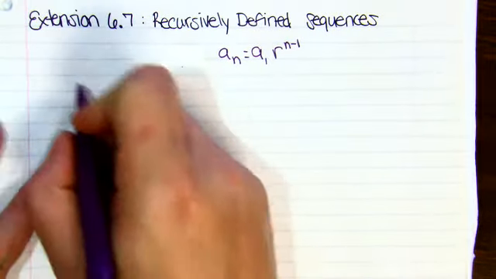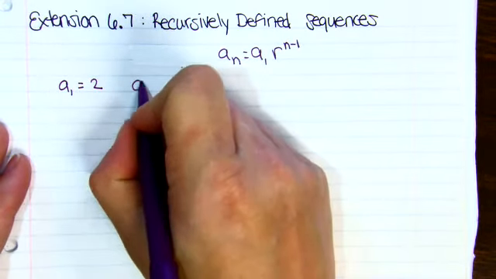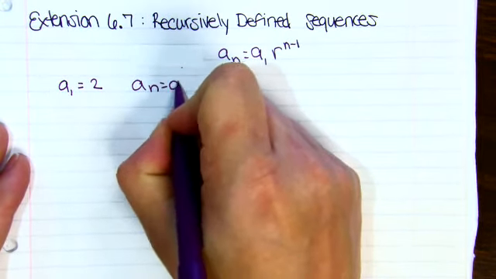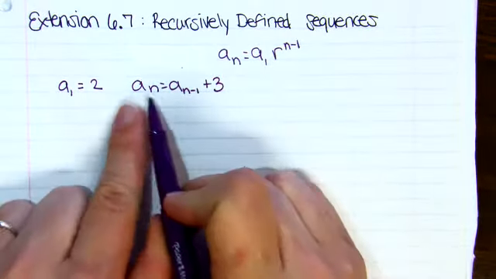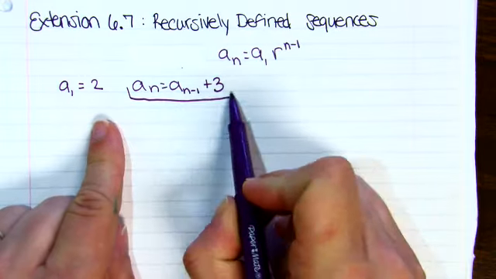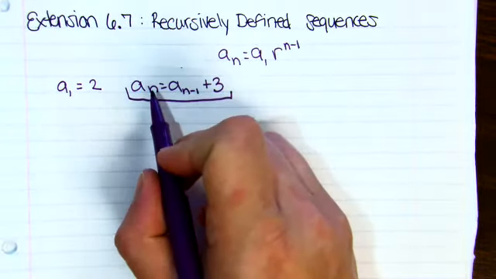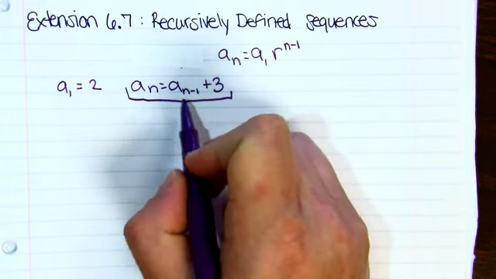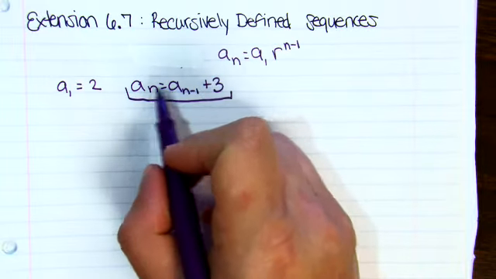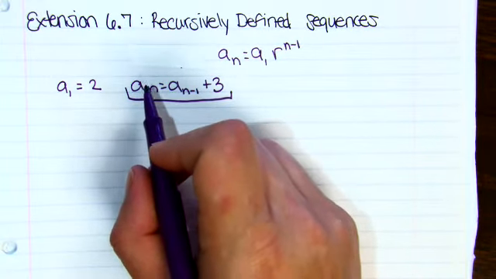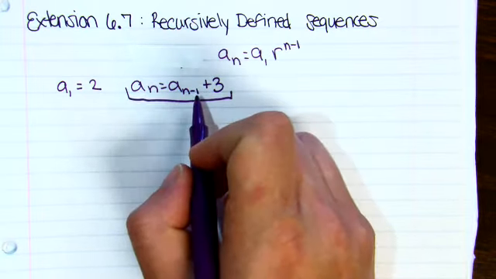For example, if I had a sub 1 equals 2, and a sub n equals a sub n minus 1 plus 3, this is my recursive equation, because in order to find the nth term, I have to know the n minus 1 term, the term before the nth term. So if I wanted the 4th term, I would need the 3rd term. If I want the 10th term, I would need the 9th term.